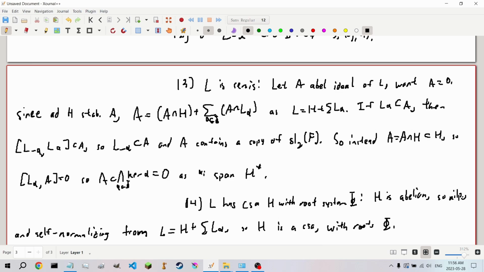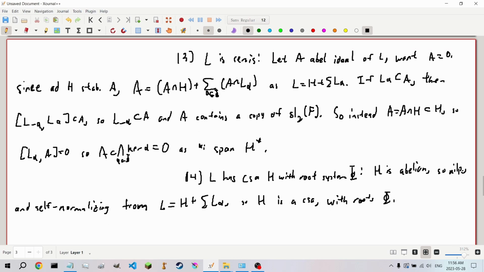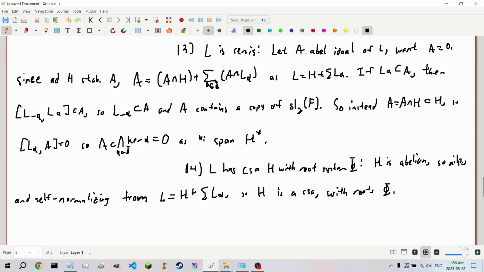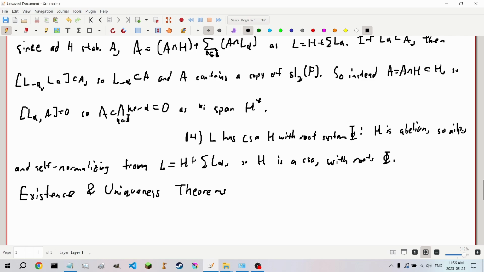The next chapter is really small and really important, so we'll just do it here. And this is existence and uniqueness theorems. It's just one theorem, but it's obviously going to be kind of the point of what we've been doing for a while here.